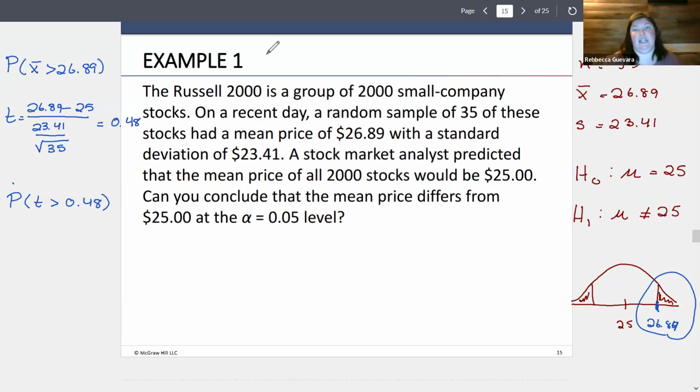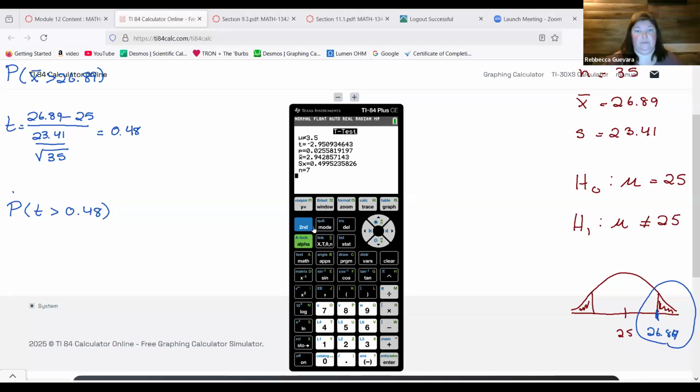Okay, so let's go to the TI-84. I already have my t-score, so I'm going to go to 2nd, Vars, to my distributions. I go to number 6, and this area is what I'm bounding.